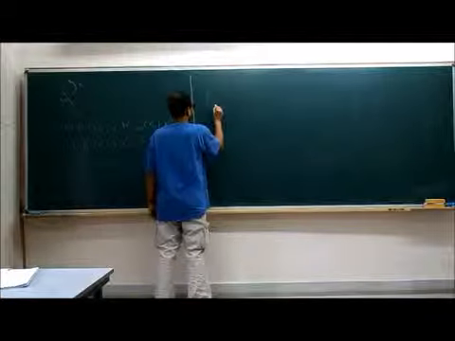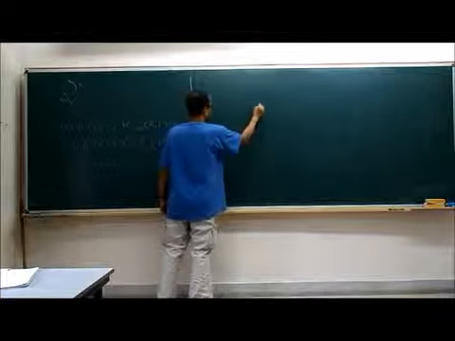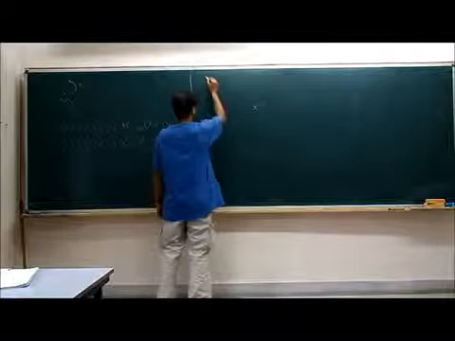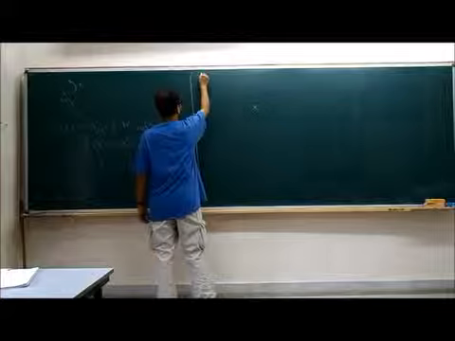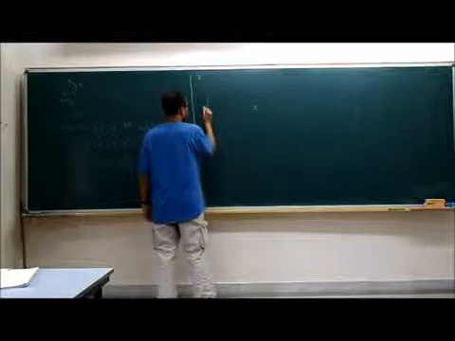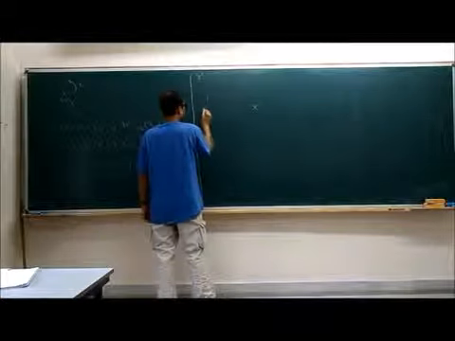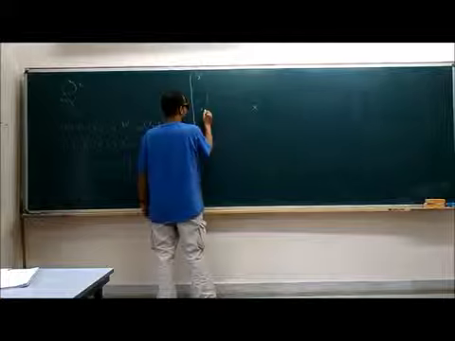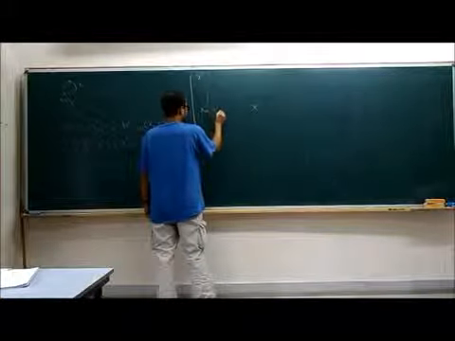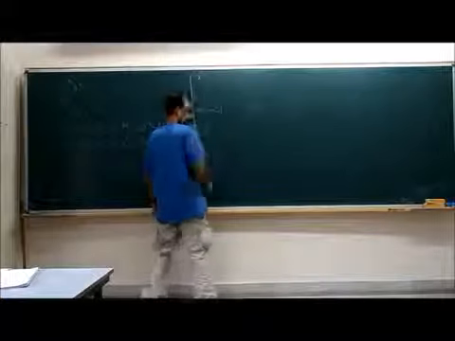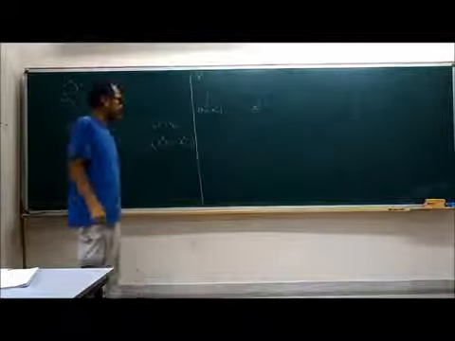So we have x1, x2. This point is the point x naught. So this point in the x1, x2 plane will correspond to x naught 1, x naught 2.